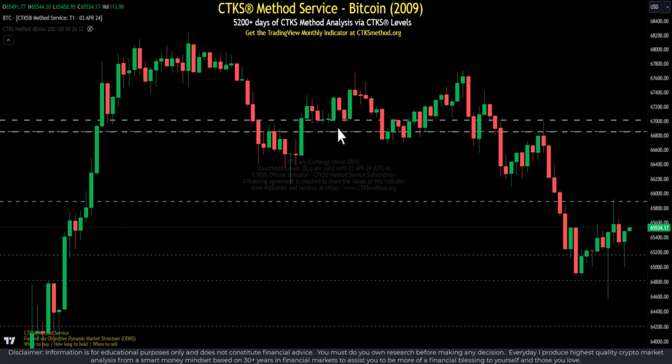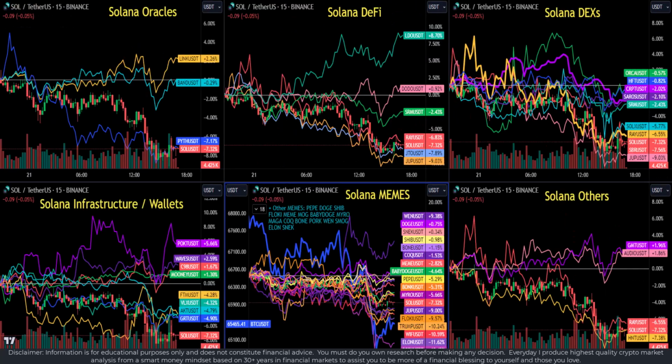Just worry about understanding that you understand where the structure is inside the market, and you're looking at that structure at all times. As a bit of a bonus, keep your eye on Solana, because if Ethereum is coming down, of course it will cause negative price momentum because it's the second largest crypto. It's really big.